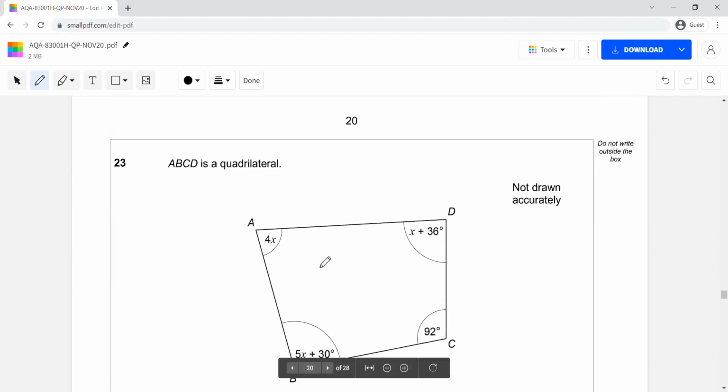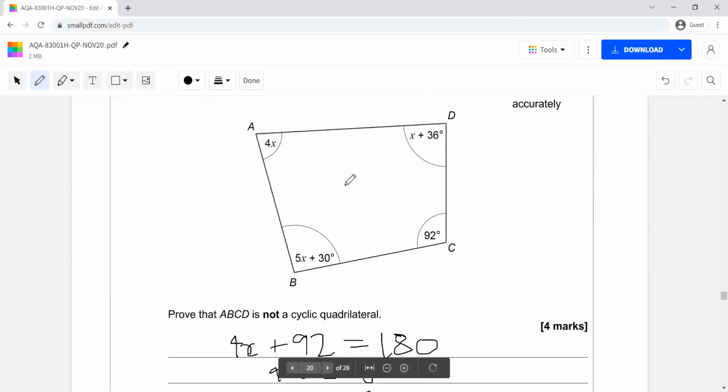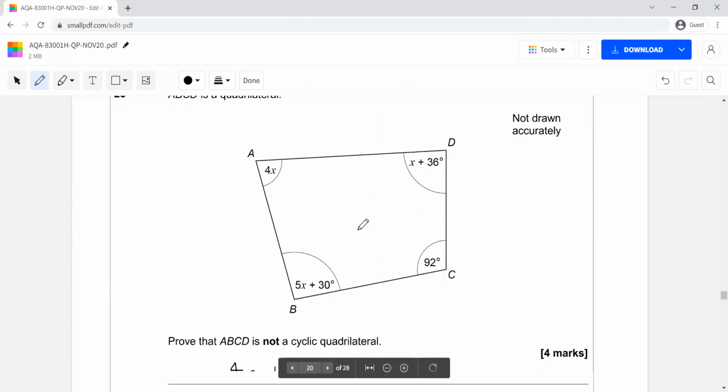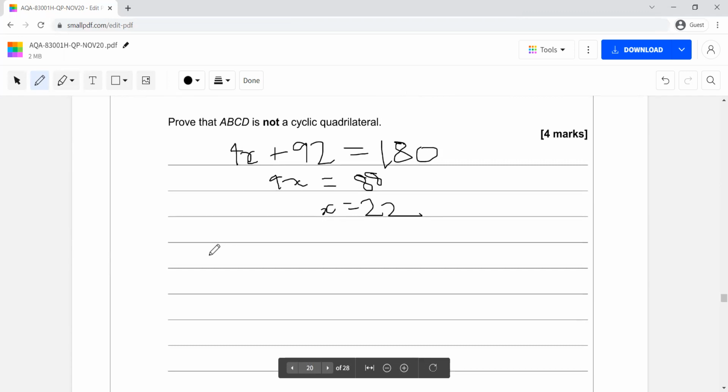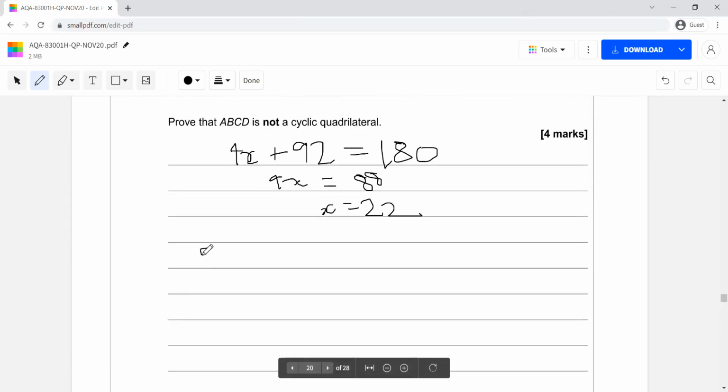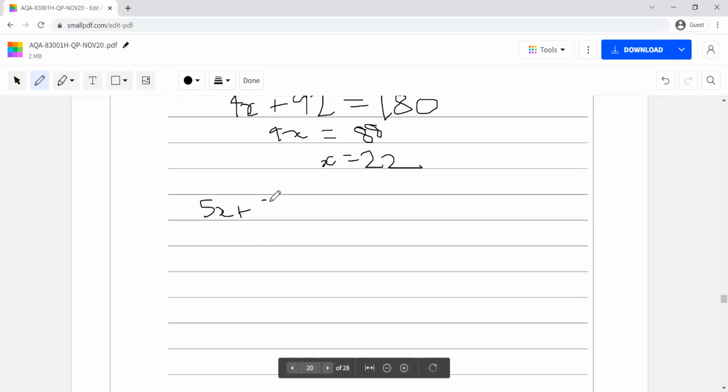If x is 22, what can I say? In order to be cyclic, both pairs of opposite angles must add up to 180. But it probably won't, because it's not a cyclic quadrilateral. So 5x plus 30 plus x plus 36.